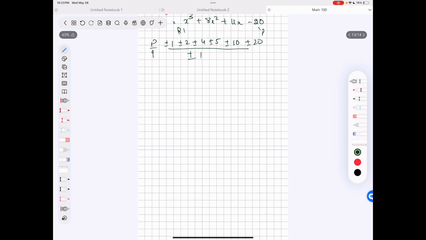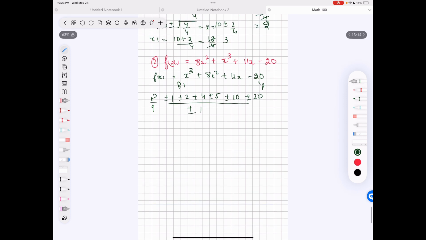So we get our possible values, and we can substitute any of these into our function f and check if we get 0, and we can also check it with synthetic division.